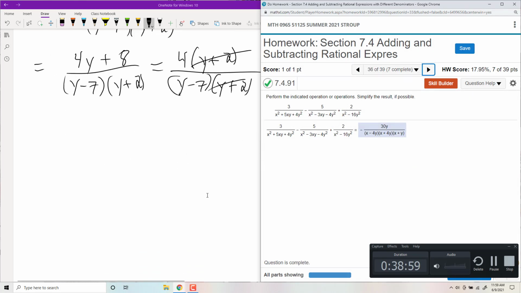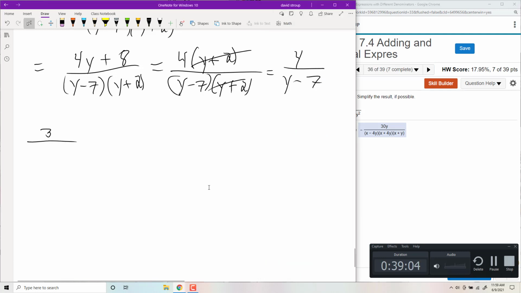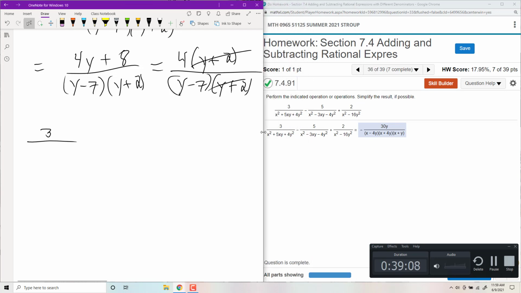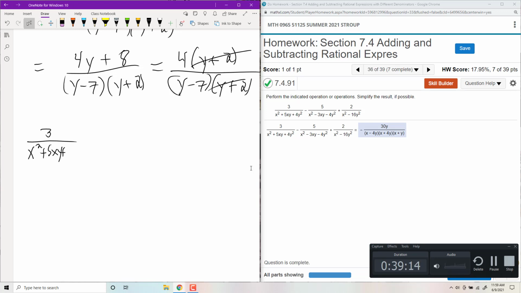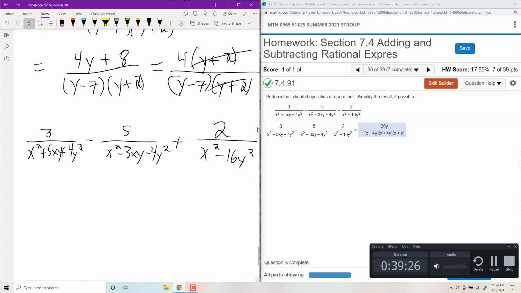Okay, more craziness. Now we get some multiple variables, multivariable problems. Okay.